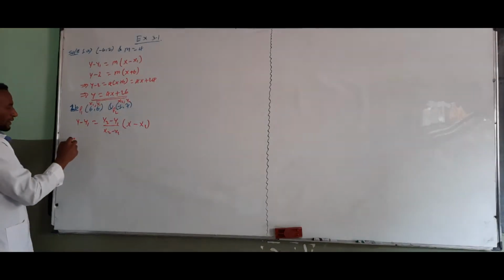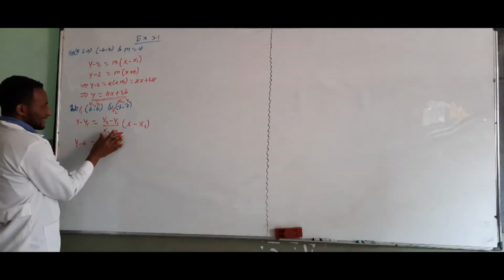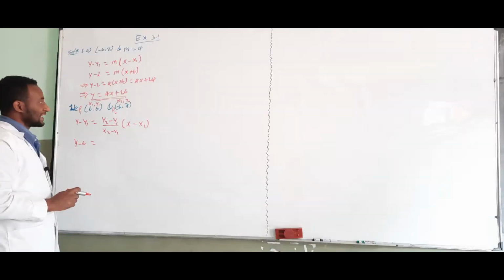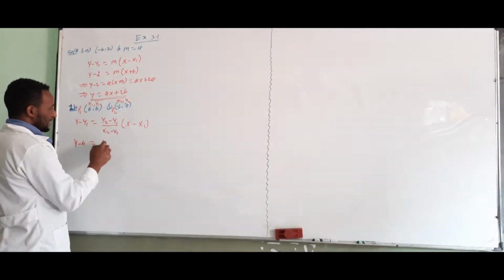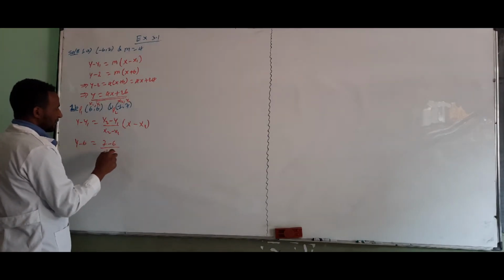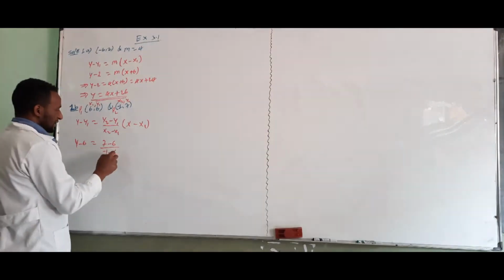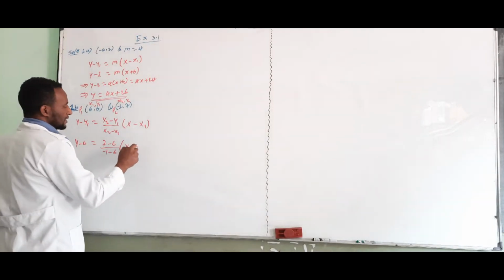Then y minus y1, which is y minus 6, is equal to the slope of the line that passes through these two points: y2, which is 7, minus y1, which is 6, over x2, which is negative 1, minus x1, which is 6, times x minus x1, which is 6.